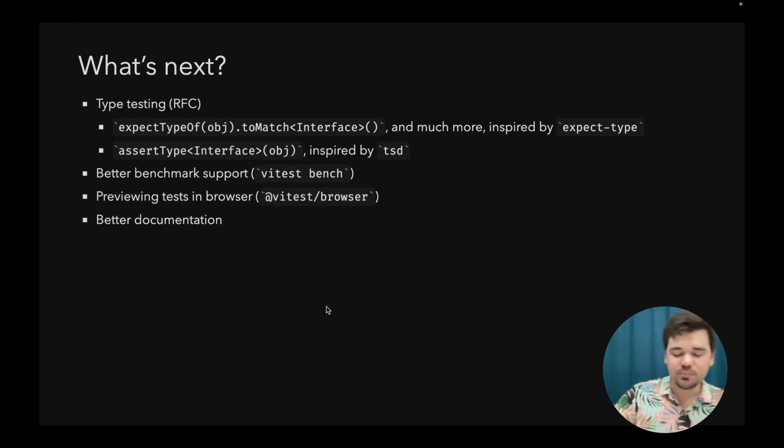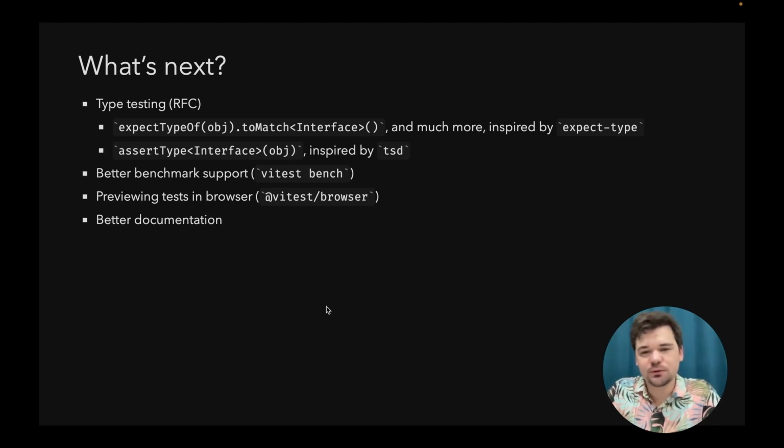Since Vitest provides TypeScript support out of the box, we thought it would be a good idea and makes sense to also provide support for type testing out of the box. So we have an open RFC, which you can leave a comment in. Currently, we are thinking about providing 2 APIs for type testing, like we do for regular testing, which is expect and assert.